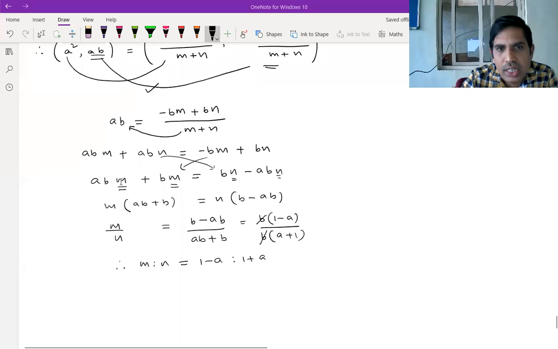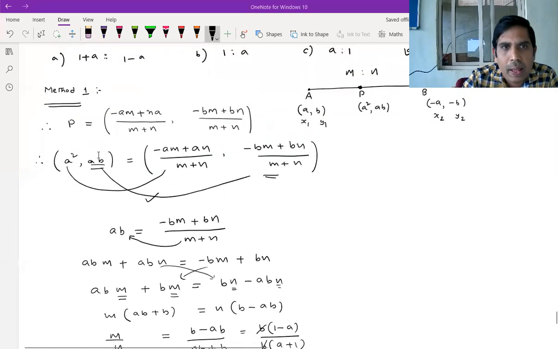Right. So here, observe. After applying the section formula, we get the P point coordinates like this. But the P point given in the question is A square comma AB. You can equate either both sides' X coordinate or both sides' Y coordinate; you will get the same answer only. Suppose I am equating both sides' Y coordinate. Here the Y coordinate is AB, and here it is this one.